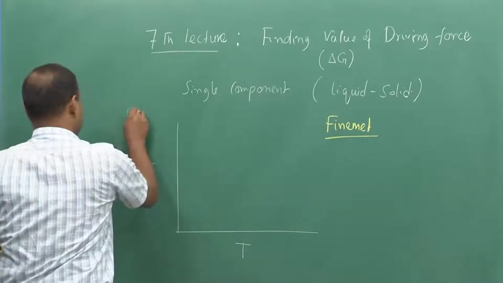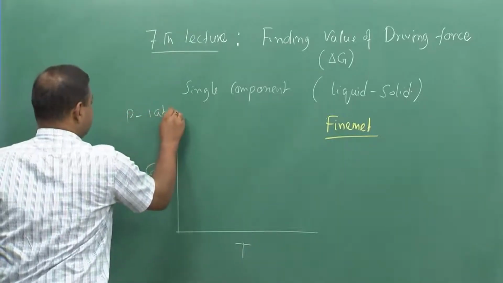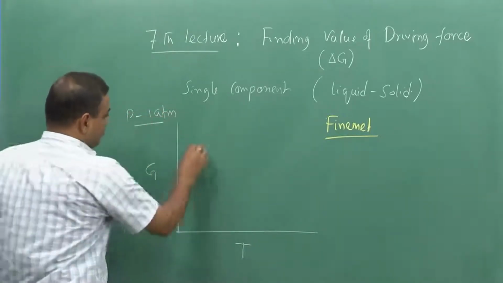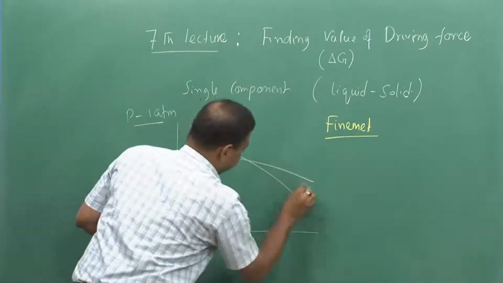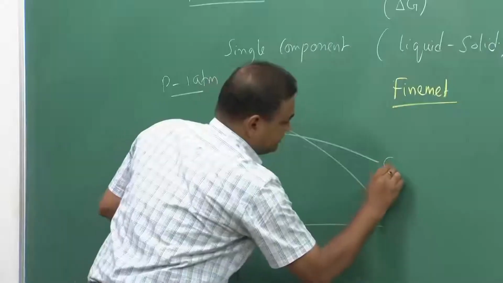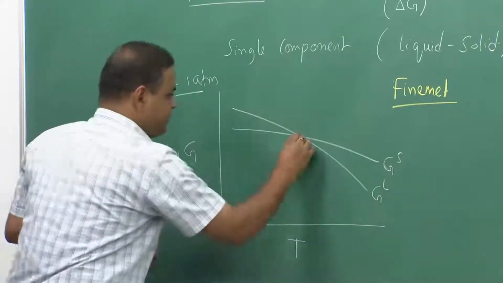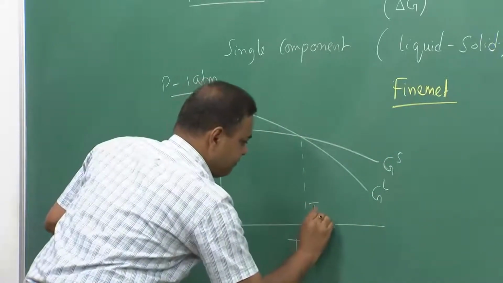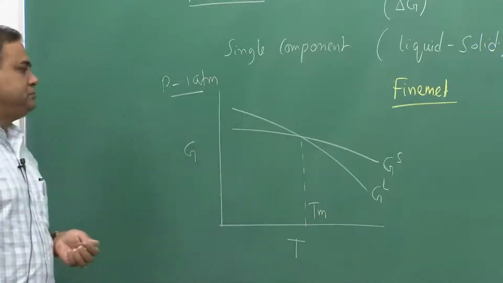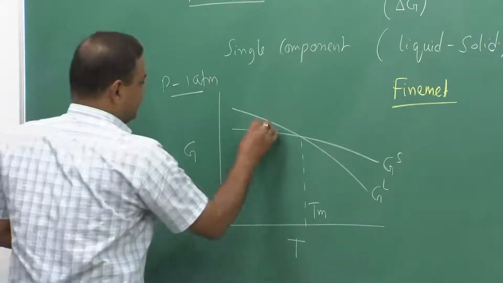Now, we have seen from our previous lectures that for solid liquid transformation, if we plot G versus T for a single component system at constant pressure, let us consider 1 atmosphere, we get this kind of graph.